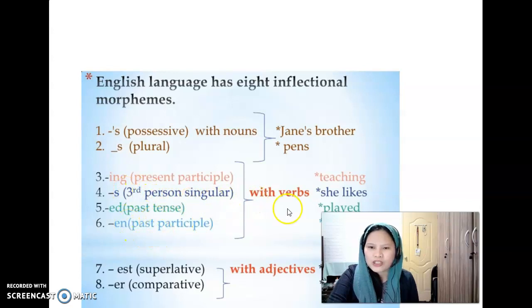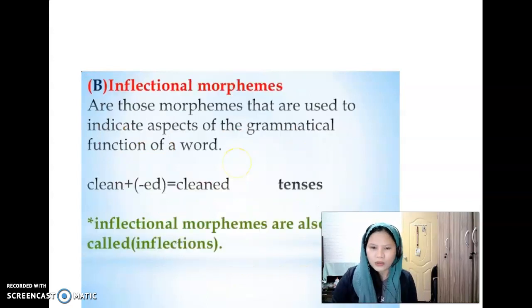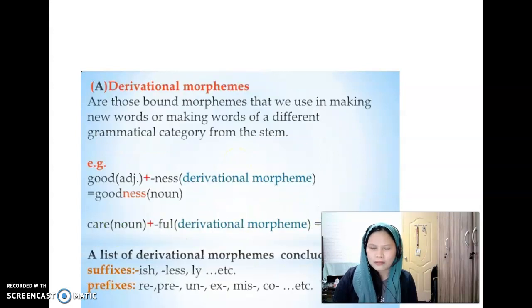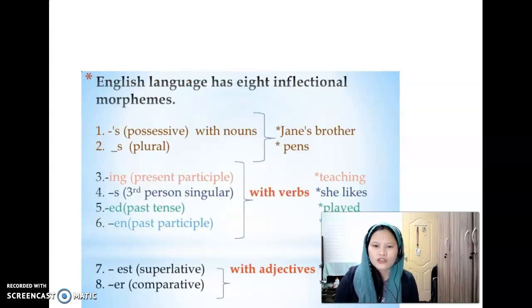This is basically changing with verbs. And with adjectives, from happy, if you want it to be superlative, happiest, or comparative. So it's obviously different from derivation, which is changing from noun to adjective or adjective to noun, because of the affixes or suffixes that you can add.